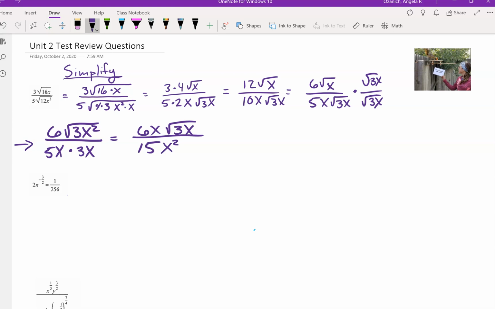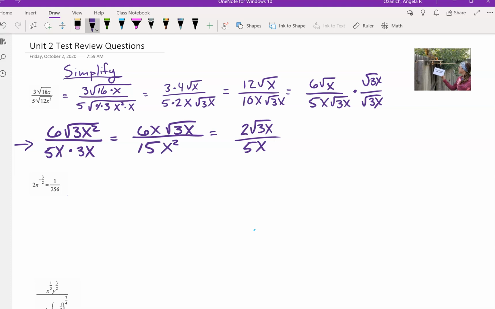This still can simplify. There's so much simplifying that's going on here. So 6 and 15 are both divisible by 3, and I'm going to cancel one of my x's top to bottom. So it looks like I'm going to have 2 root 3x over, and then 15 is divisible by 3. And I'm just going to have an x left there.